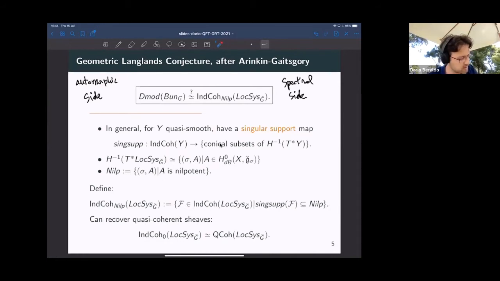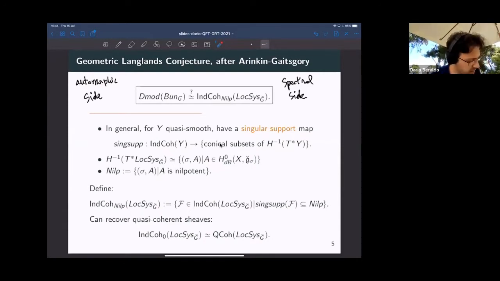It's a set of pairs (σ, A) where σ is a local system, and A is a horizontal section of this flat vector bundle associated to the local system and the Lie algebra of the group. Okay, and so this is a concrete form of what this space is.